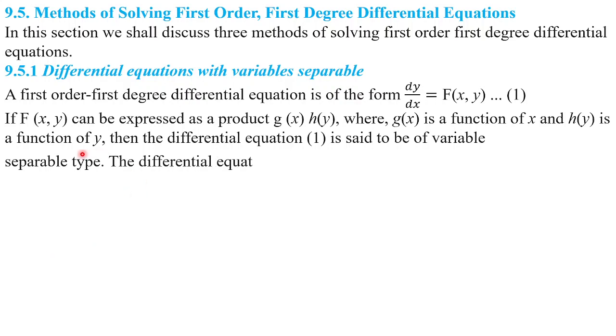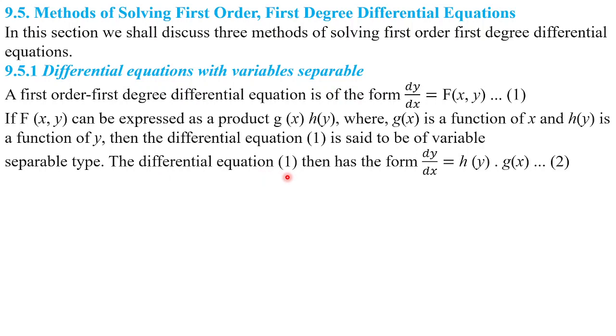In this type of differential equation, if the function f of x comma y can be written as a product of two functions, one in the variable x and another in the variable y, then the differential equation is said to be of variable separable type.